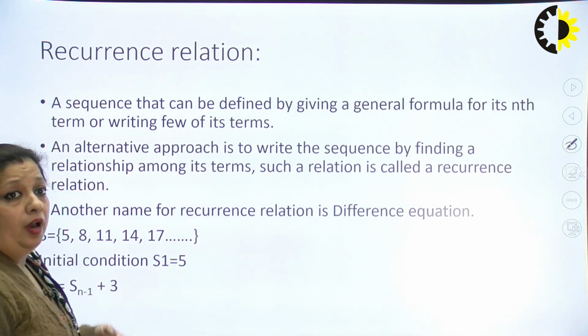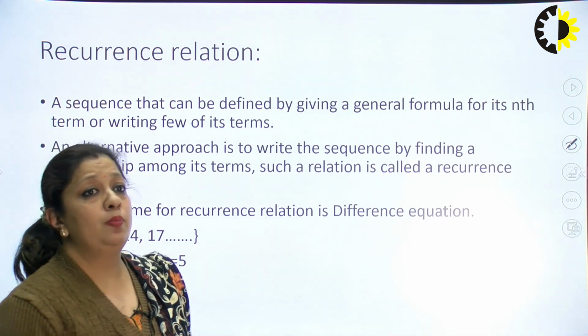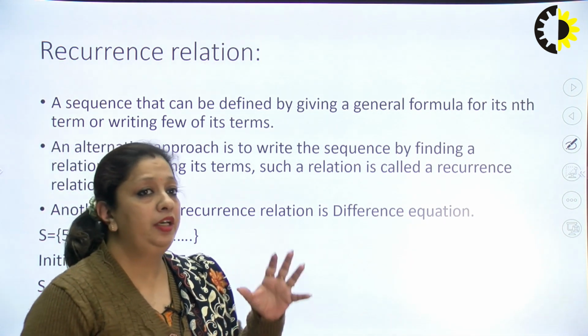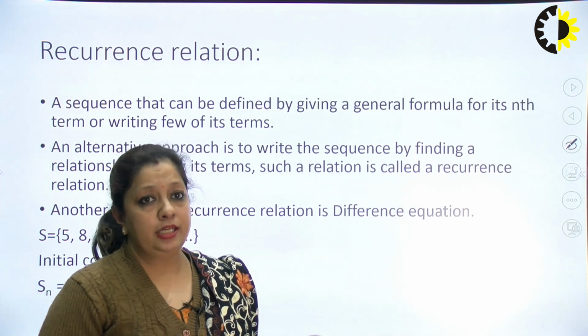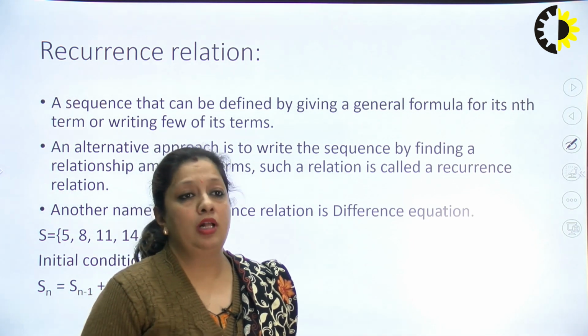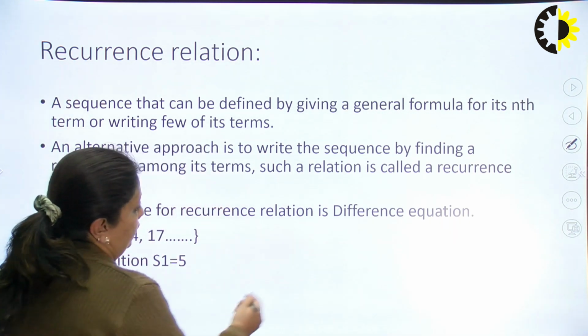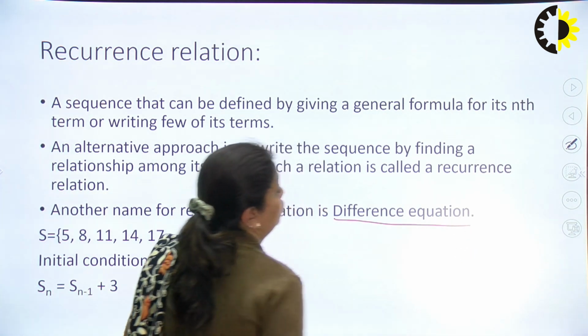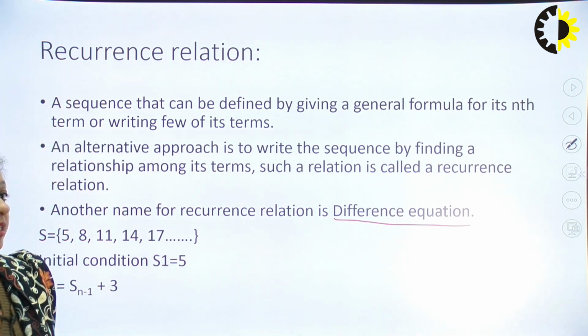The alternative approach is to write the sequence by finding the relationship among the different terms, and such a relation is known as recurrence relation. We even call such a relation a difference equation. So, a difference equation is also nothing but a recurrence relation.